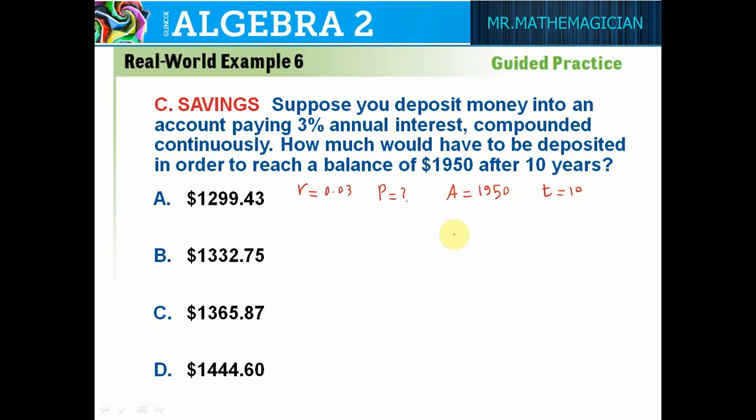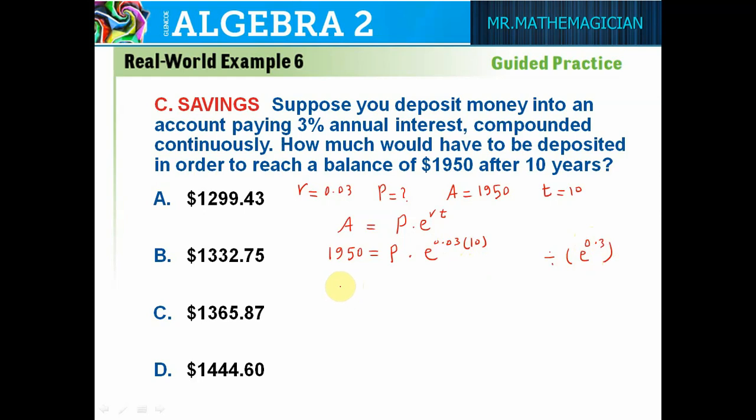It's a simple solving equation. You just need to remember the rule. A equals P times e to the power of RT. Substitute here. 1950 equals P, the unknown, e to the power of 0.03 multiplied by 10. So we can divide both sides by e to the power of 0.3, because we know that 10 times 0.03 will give you 0.3.